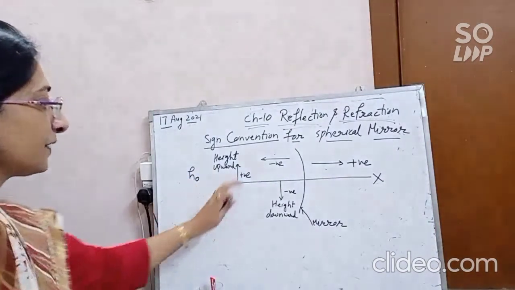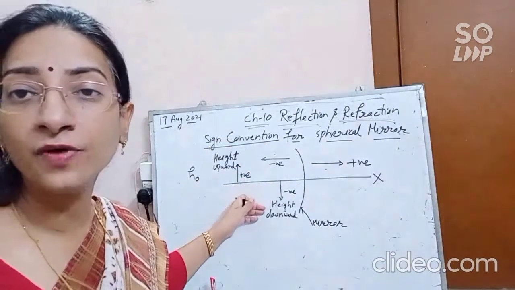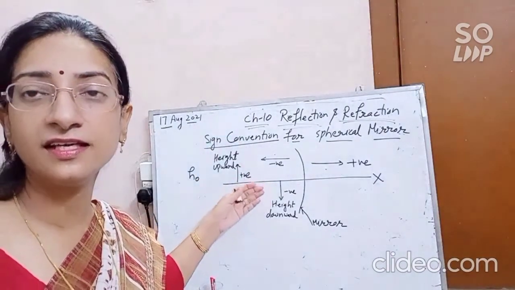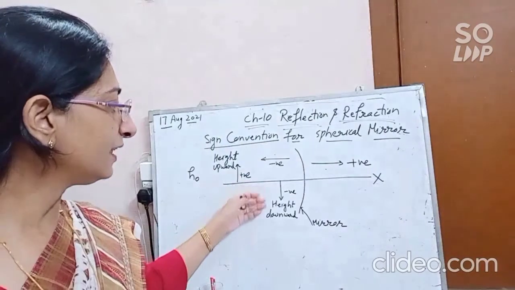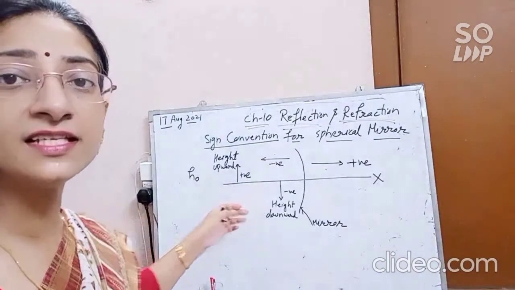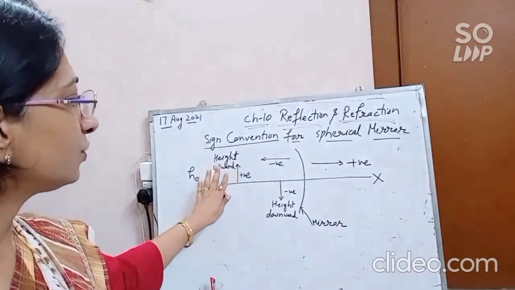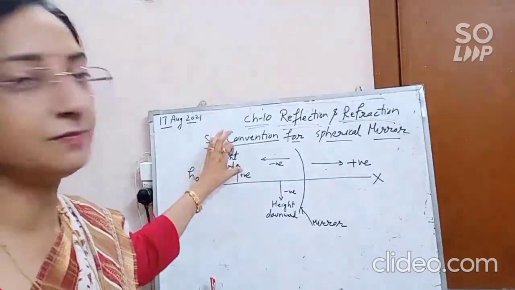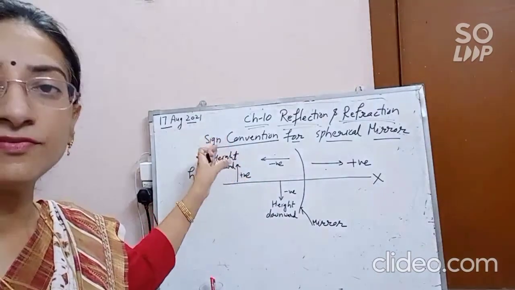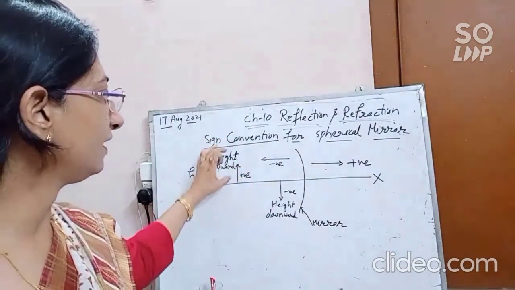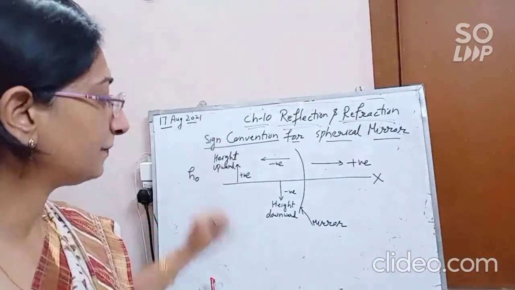If the object is placed in a downward direction, then the height is always taken as negative. When it is placed above the principal axis, we take it as positive.